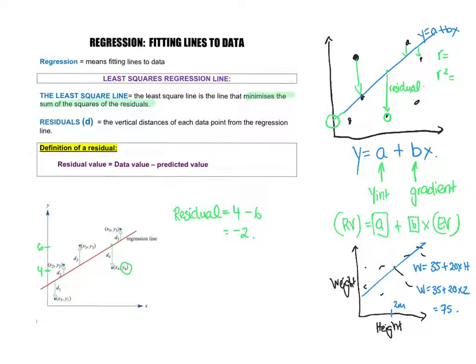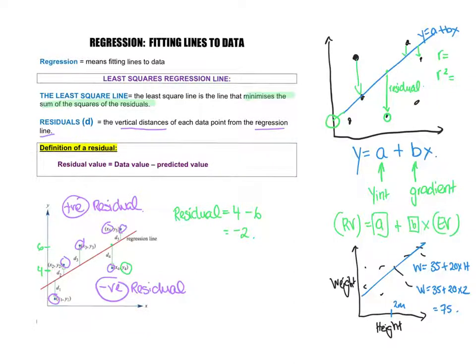Any dot that falls under the regression line would have a negative residual, and any of the dots above would have a positive residual. We'll look at residuals later as well, but if you have to find an individual one, that's how you do it. A residual is the vertical distance of each data point from the regression line.